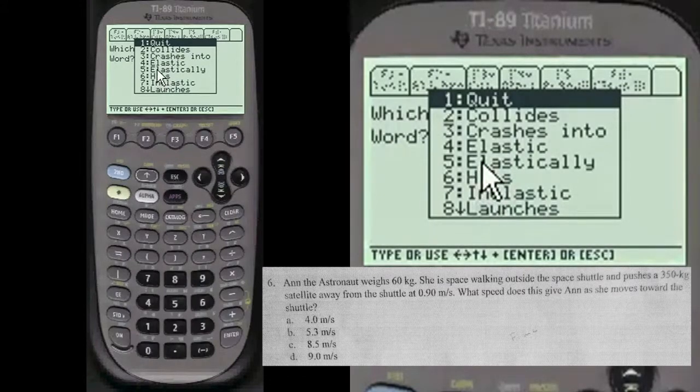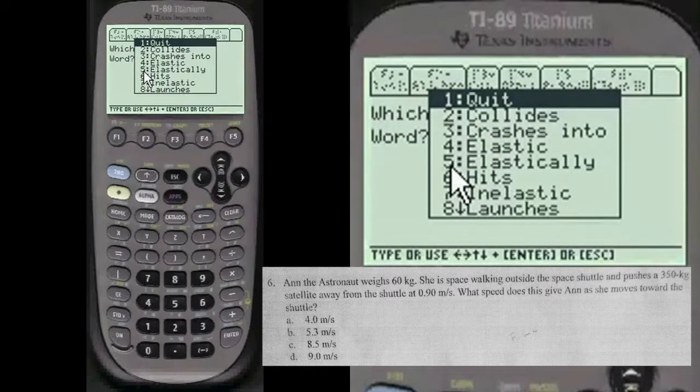In this case, number 6 is a push because she's pushing the satellite away. The interesting thing is that this is usual in physics, the trickery of physics and how they trick you in problems. Or in this case, there's an error.